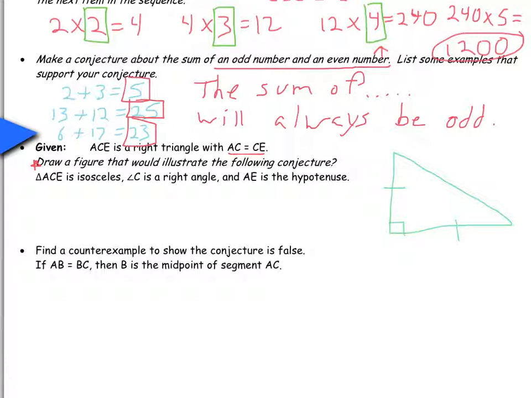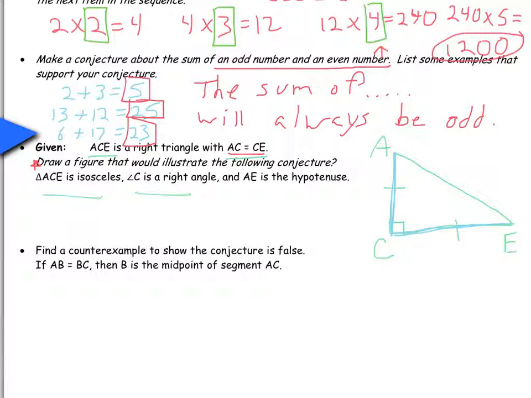Angle C is a right angle. AE is the hypotenuse. So we have triangle ACE with AC equaling CE. I know it's not drawn to scale, but that would be the case there.